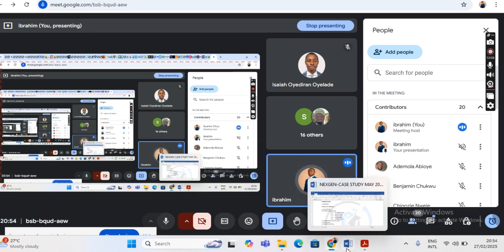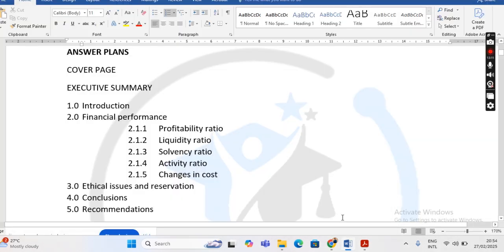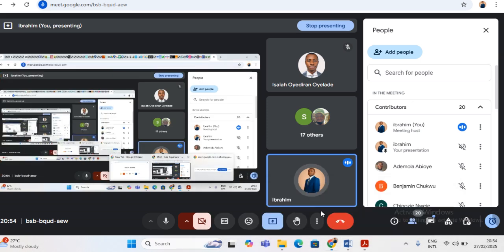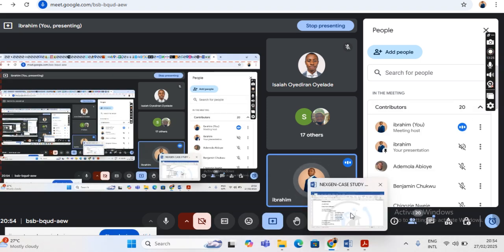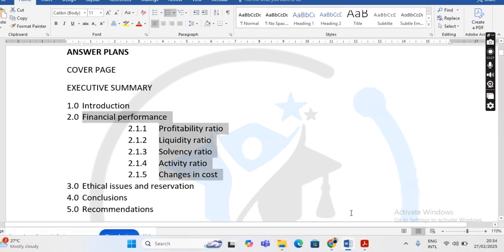Now, another thing is conclusions. What is a conclusion? What are you concluding? You are concluding on the ratios that you calculated and analyzed, right? Conclusions mean the problems, the findings, the areas of weakness.